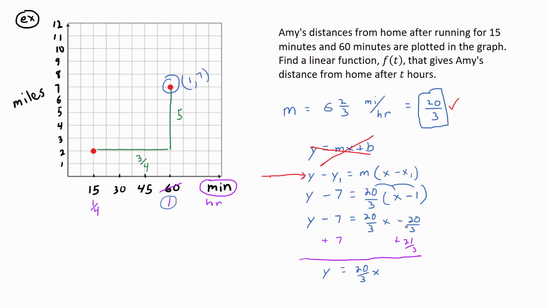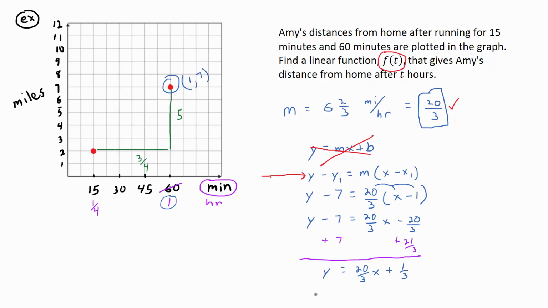You combine the numerators and then keep that common denominator. So it's going to be negative 20 plus 21, which is 1. That's the numerator over 3. So plus 1/3.